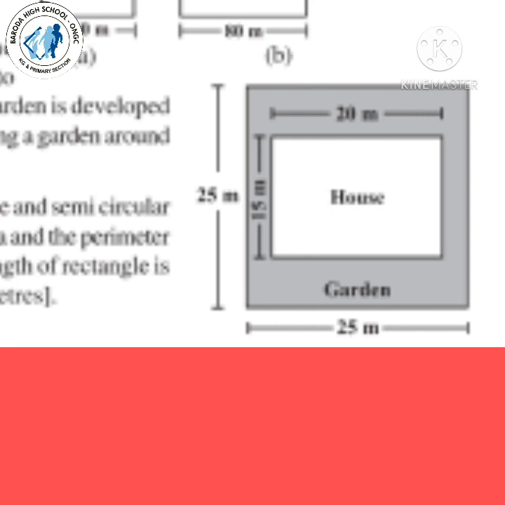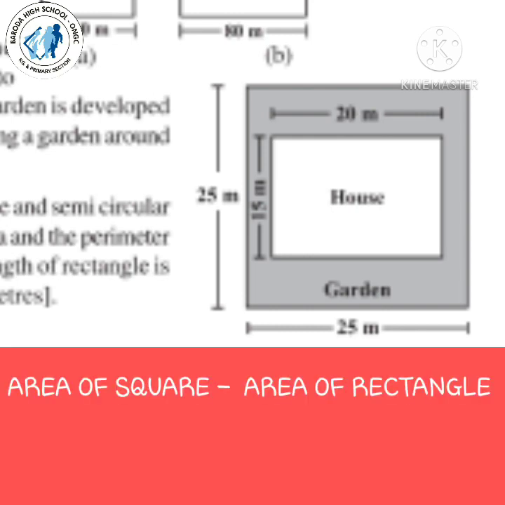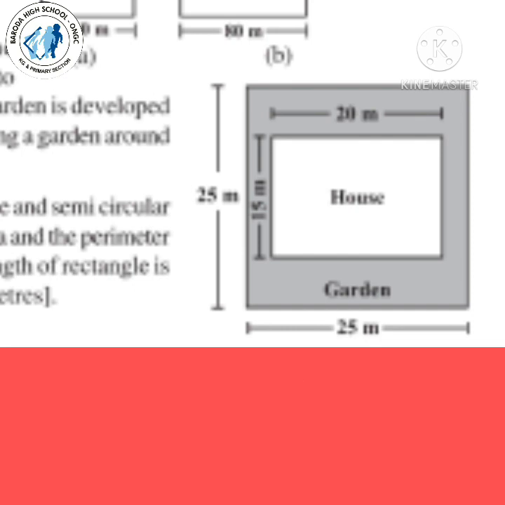So first, find the area of the outer square. From that, subtract the area of the rectangular house. You will get the area of the garden in meter square. Multiply it with 55, you will get the total cost. Yes, it's really very easy. We have already done such types of sums.